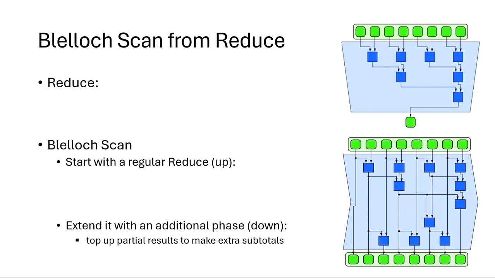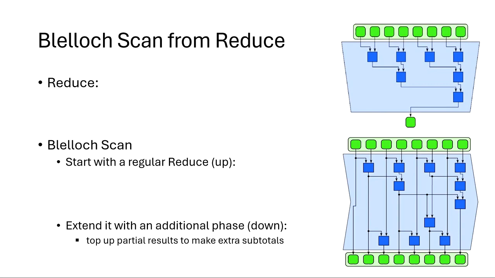Sometimes that's called the upward step. When you have done that and you've got the answer, you then do this extra stuff, sometimes called the down step or down phase. This extra stuff is going to calculate all the other values. It makes use of the intermediate results that the reduce pattern produced.